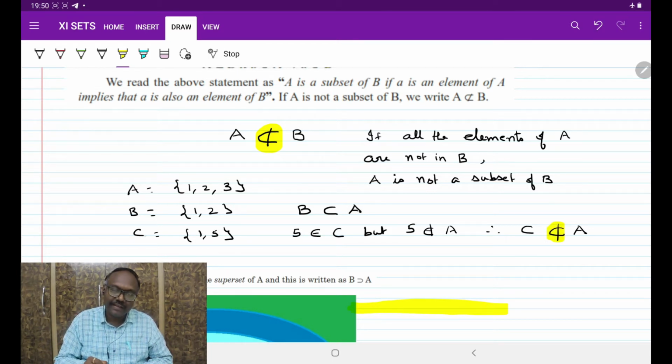And here, if you observe the set B, all the elements of B are present in set A. So, we use the symbol is a subset of. So, B is a subset of A, and we observe that C is not a subset of A.